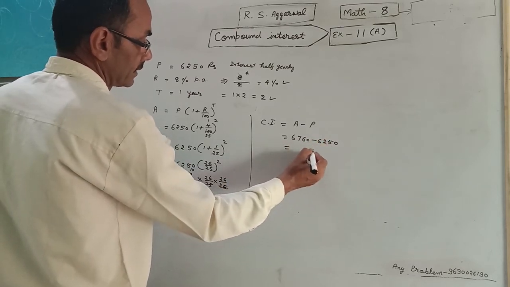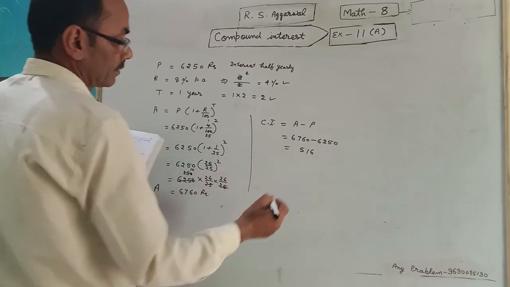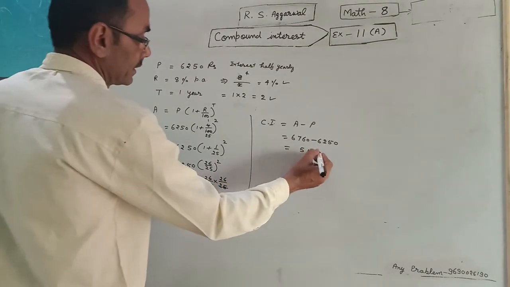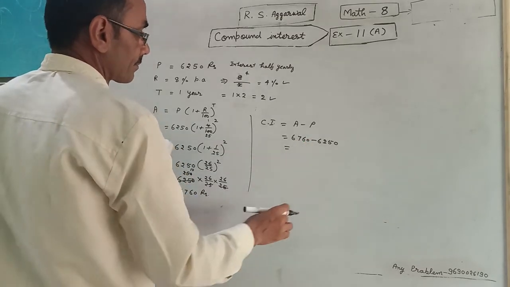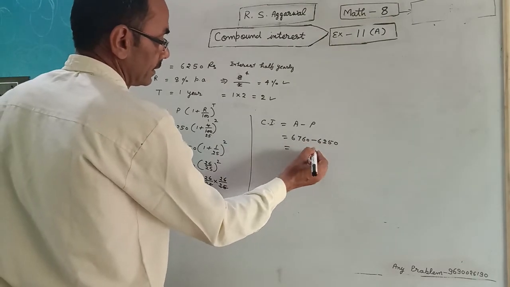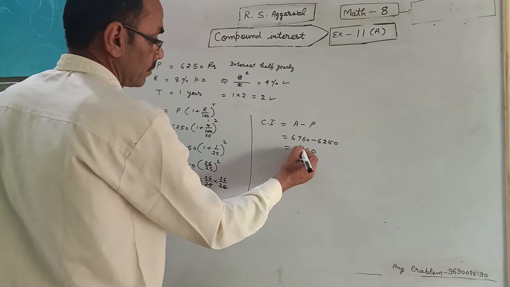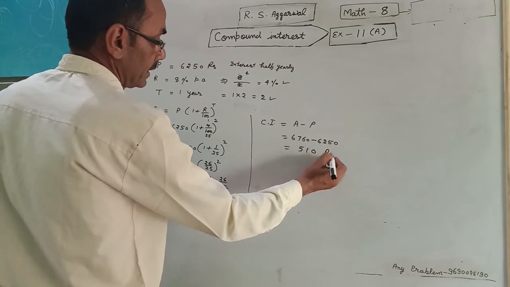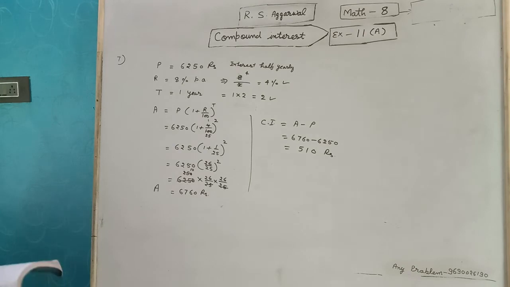After minus, 510 rupees. Interest will be 510 rupees. Question number 7 is complete.